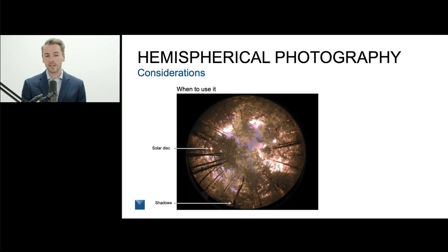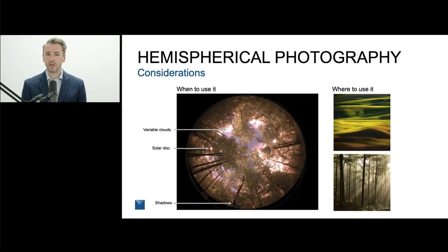So regardless, it can cause some error in your thresholding. And thirdly, having variable clouds in the sky like this can cause a big issue. You see how bright that cloud is relative to the sky behind it. So that sky is going to be much darker than that cloud, again, causing issues. So all of this combined is why we typically recommend that if you're going to do hemispherical photography, you do it in uniformly overcast conditions as much as possible.